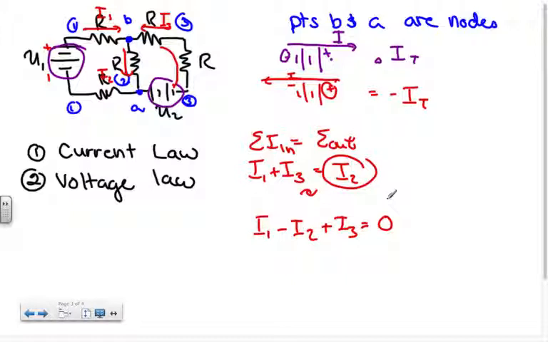So you can see here, in the first situation, I have a positive current coming this way, positive current coming that way, and then I'm going to have the negative current from I2. Why? Well, I2 is going outwards. And you'll learn later that this is all arbitrary. That this is just dictated.